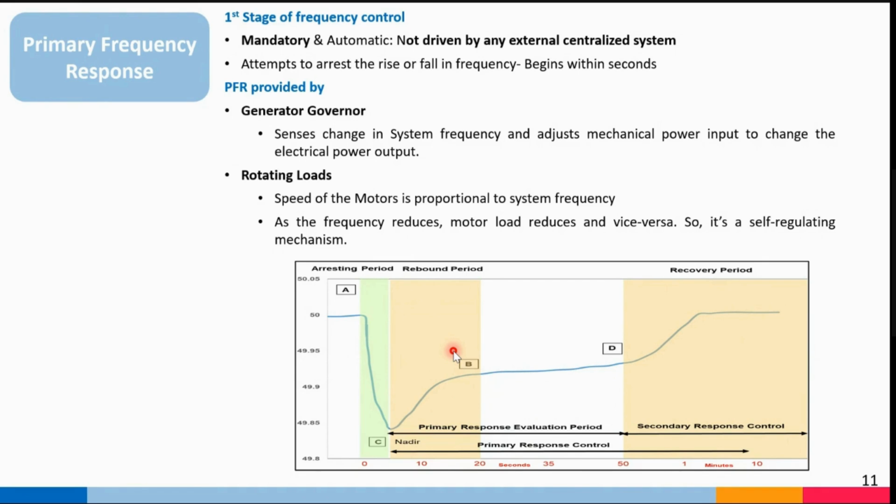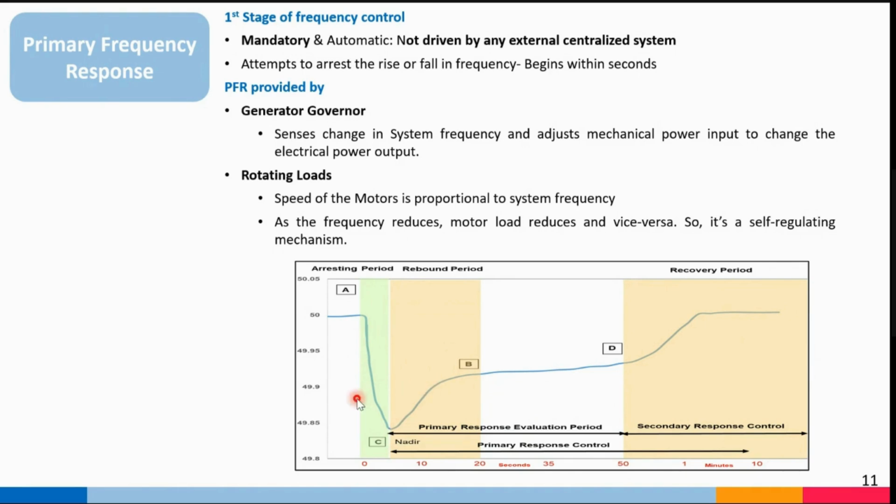There are criteria for who will be providing the primary response. Let us not go into that, but think that all the large generating units, hydro units, and gas turbine units have to provide the primary response into the system. When they provide primary response, they add electrical energy into the system.